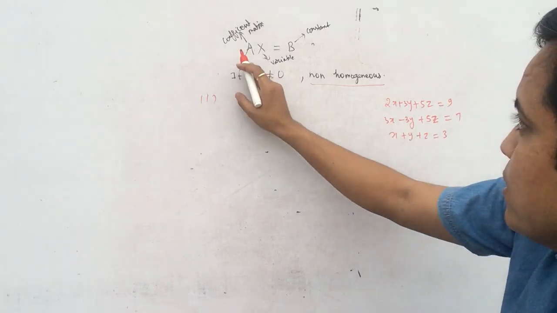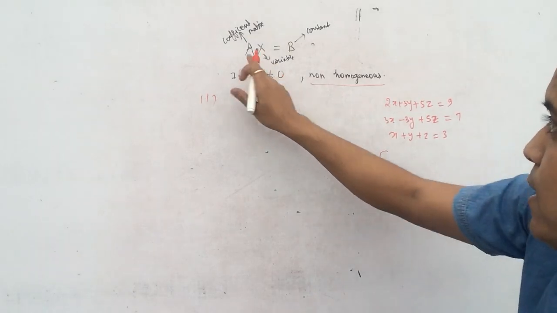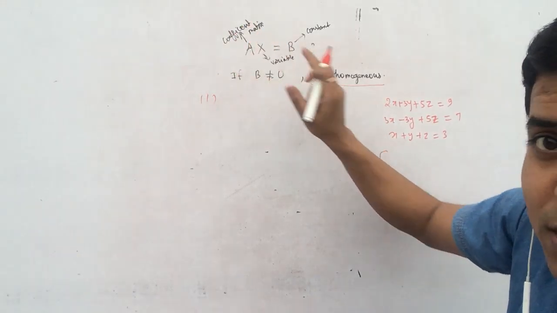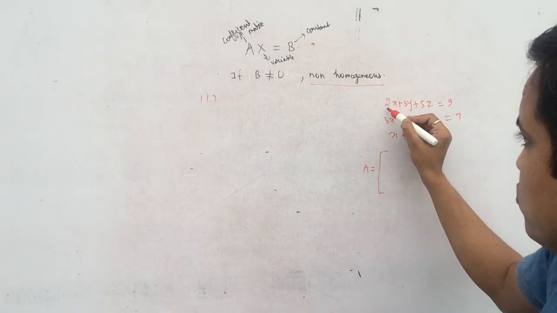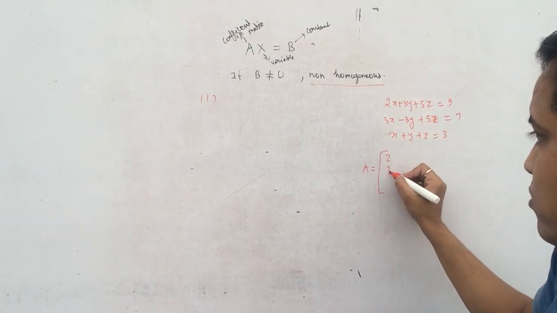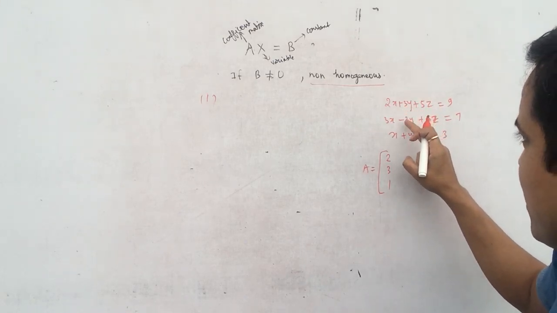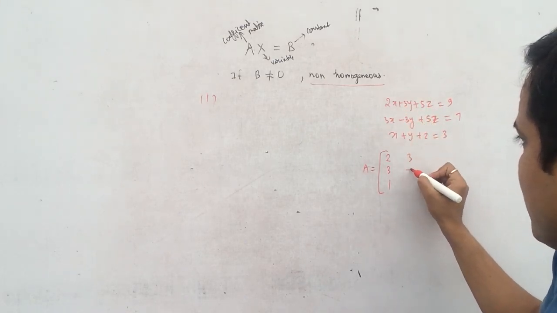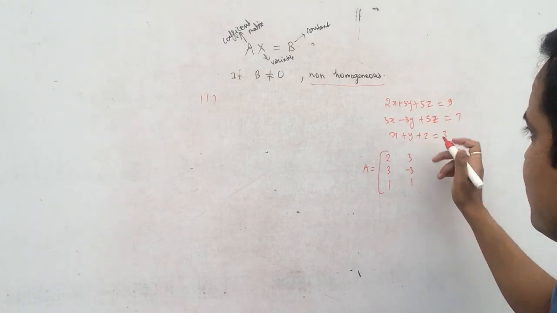So how can you write it like this? Here A is the coefficient matrix. The coefficients of x will be in the first column: 2, 3, 1. The coefficients of y will be in the second column: 3, minus 3 and 1. The coefficients of z will be in the third column: 5, 5 and 1.